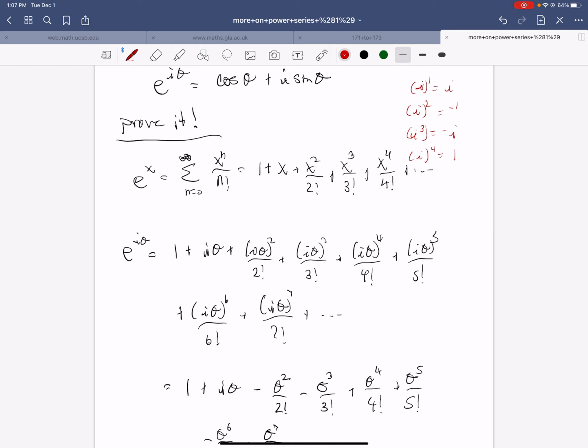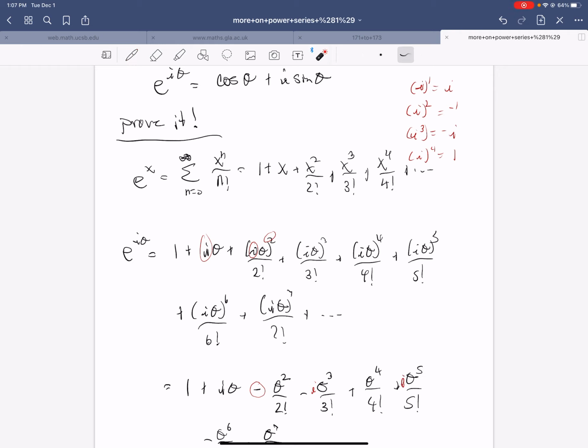And then that pattern continues. And so this will be just an i, but this will be i squared, which is a negative. And so that's where we get this negative down here. But then we'd have a theta squared there and a 2 factorial. And then you'd have i cubed, but i cubed is -i, so there's a negative, and I need my i in there, and I need my i in there. So here's what was missing in that.